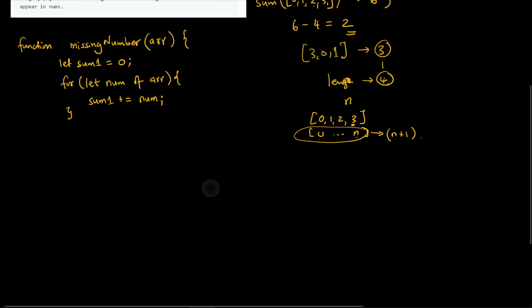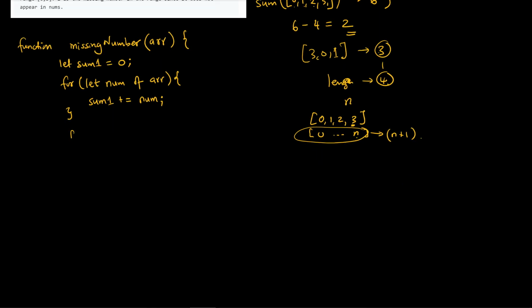Then our sum2 will be, so let sum2 be equal to 0, and then for let i equal to 0, i less than. So this is the tricky part.